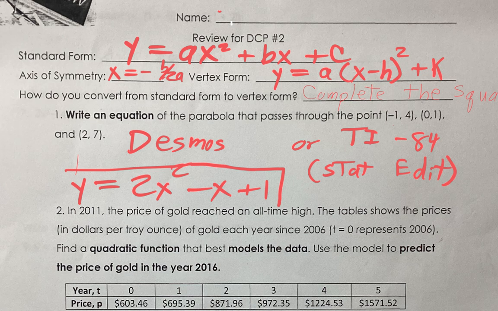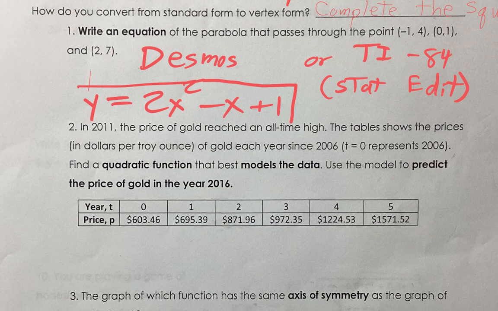So they give us 6 data points. So again, either use Desmos or use the TI-84 doing the stat edit. Using Desmos, you go in there and type in your points. They have the little drop down, that button with the 3 stars or dots, or the new button I told you about. And you should have come up with an equation.